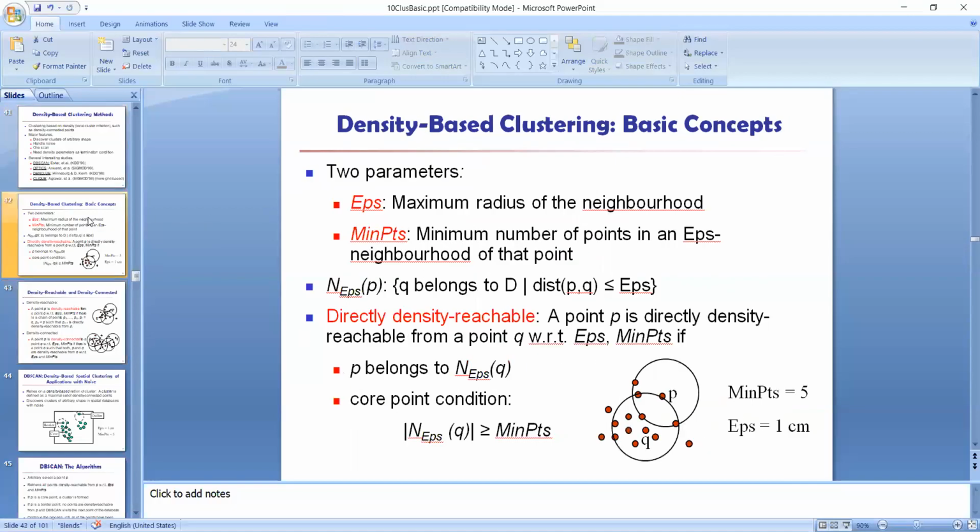The term directly is important, because within that given epsilon, that point must be there as well as this point must be a core point.